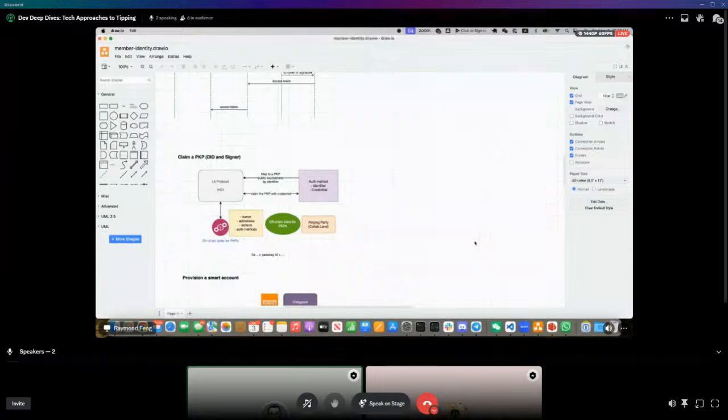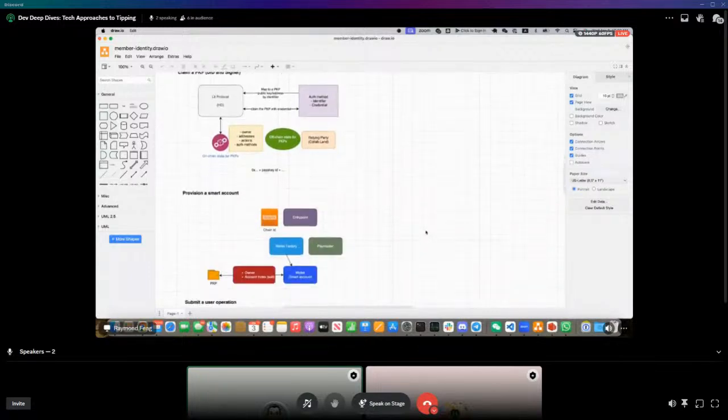Then I also get a deployment of my smart account, which is a wallet-based contract, the first time I tip Chibi, right? So that's a one-time thing. If I already tipped Chibi and then want to tip another person in the future, I don't have to do that again, right? And everything happens behind the scenes with a smart contract. And again, that circles back to the discussion of what you have to worry about when you submit a user operation to a third party.